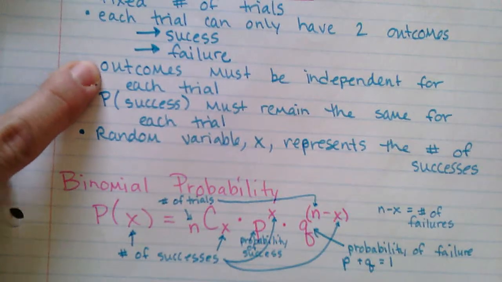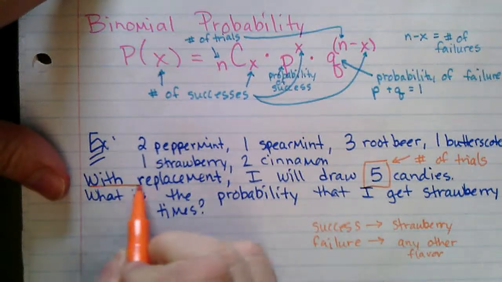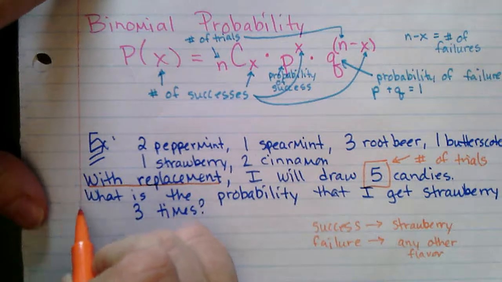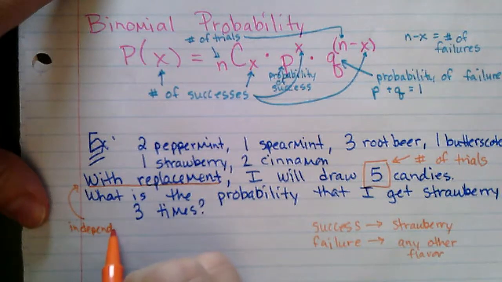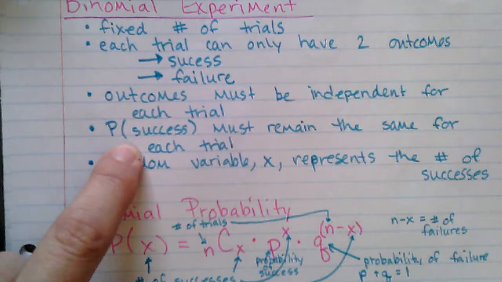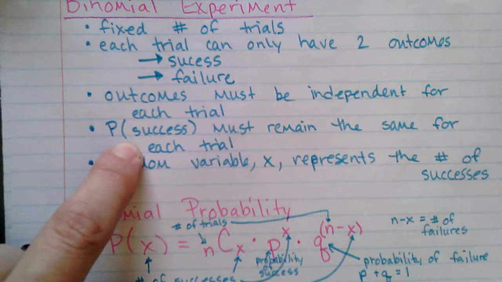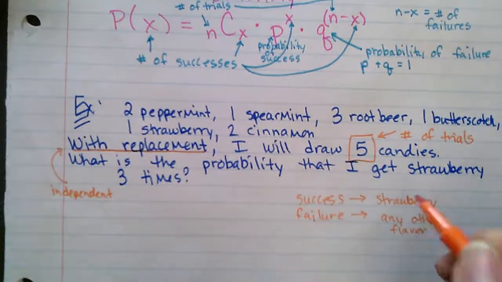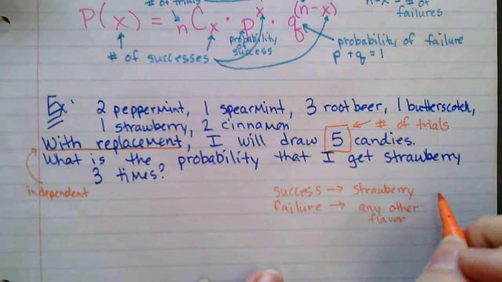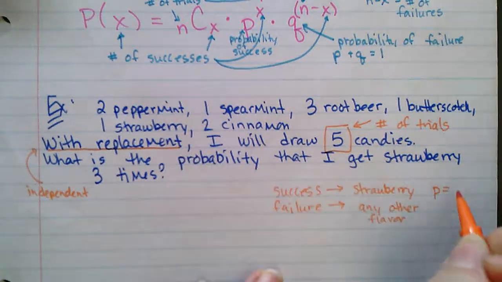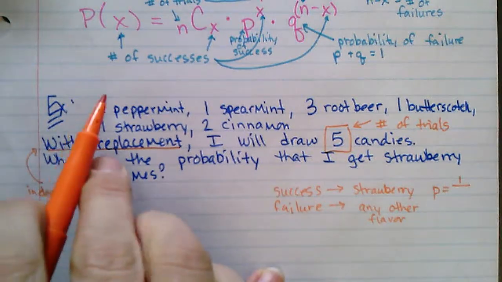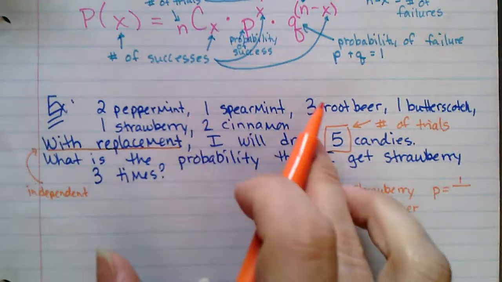The outcomes must be independent because it's with replacement. That makes them independent trials. The probability of success must remain the same for each trial. So the probability of success, that's what we use the letter p for in our formula. I have 1 strawberry, and I have 2, 3, 4, 5, 6, 7, 8, 9, 10 candies.